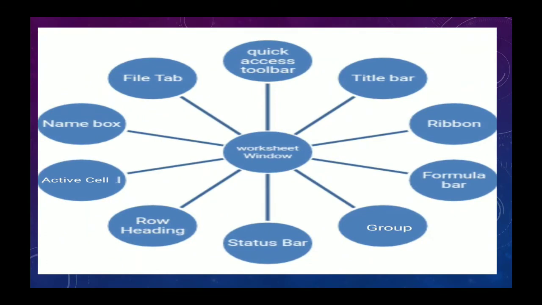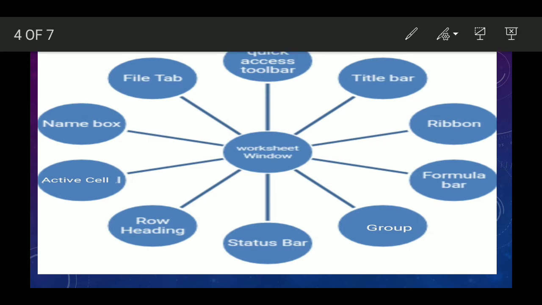This is called the quick access toolbar. These commands are on the title bar. This is the first strip of MS Excel, and you will have the title of the document and the extension of the document.